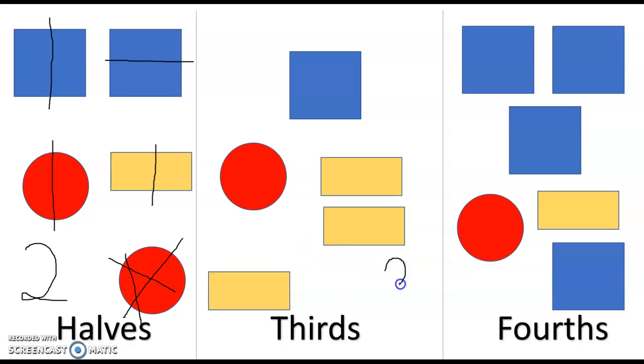Thirds means three equal sized pieces. It's a little hard to draw it on a circle. Three.